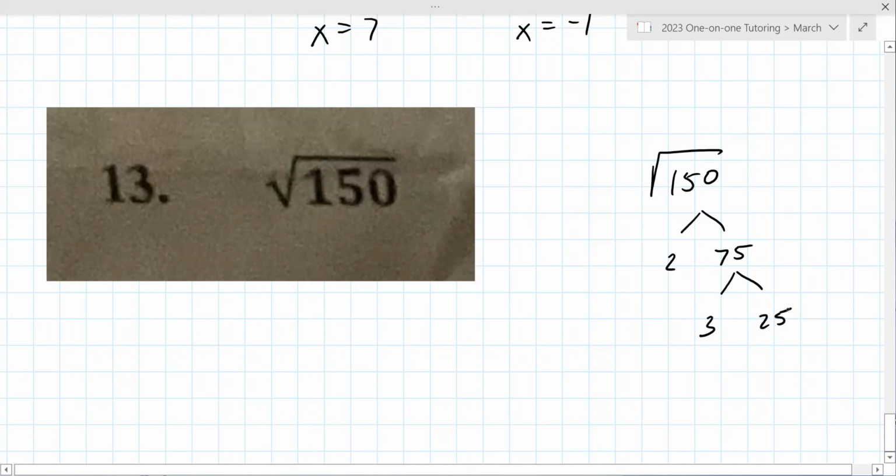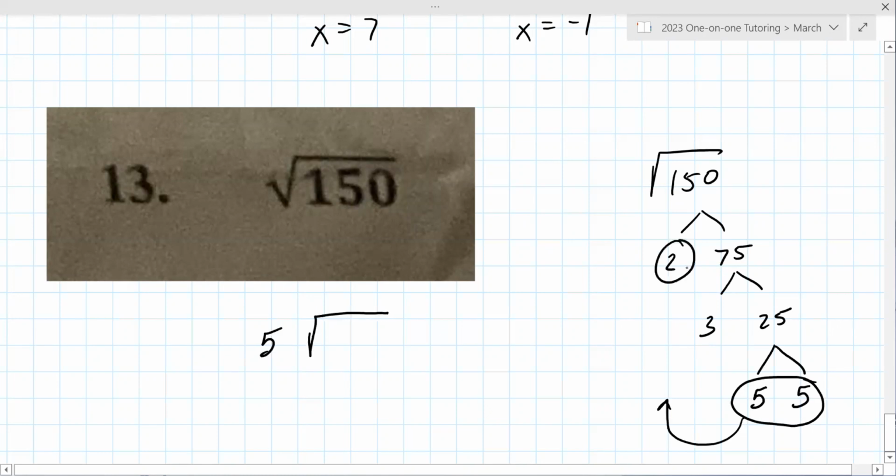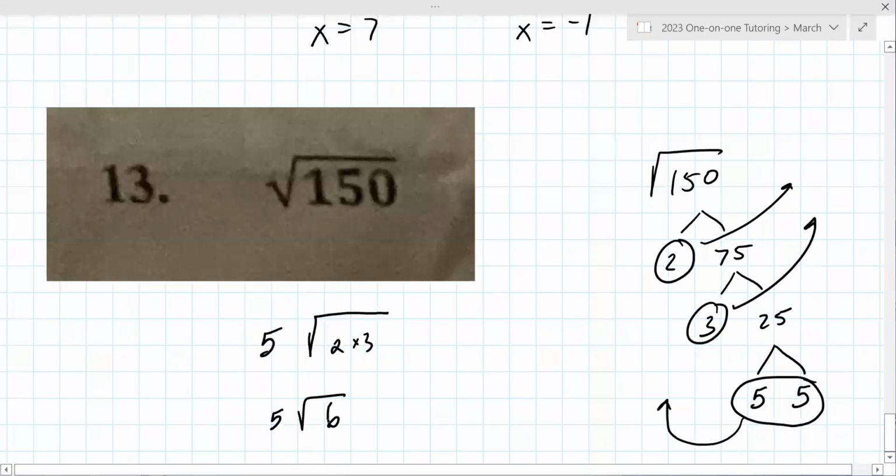You try 3 again. 3 does not work. You're like, man, that's pretty frustrating. 5 is your next prime number. 5 works twice. So it doesn't matter where the pairs appear; you bring one out. So you bring a 5 out. What's left over has to stay inside, 2 times 3. So this becomes 5 square root 6.